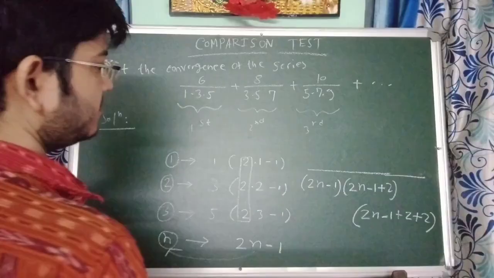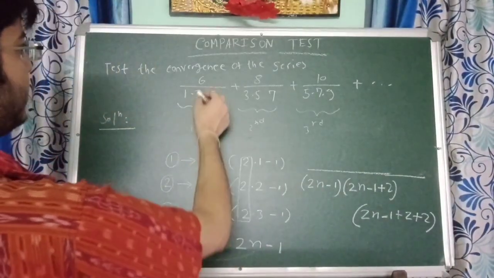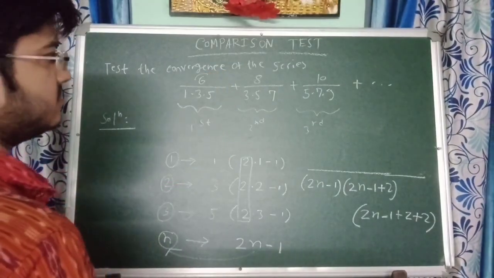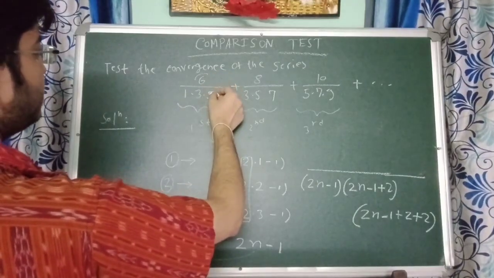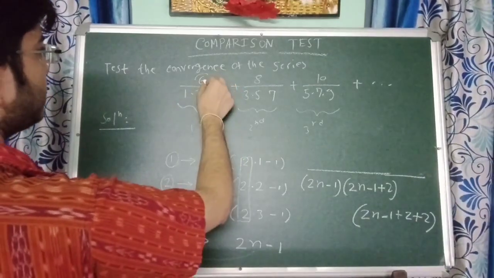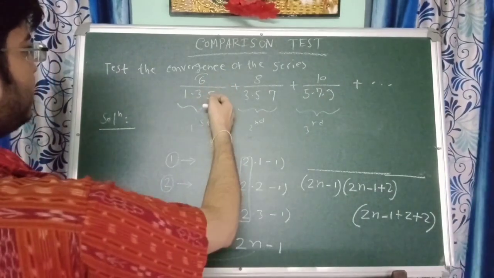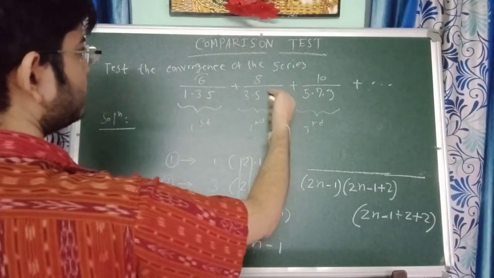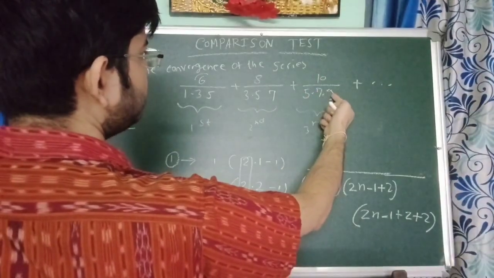This is the nth term in the denominator part, and the numerator part is very simple. Here 6 we write 5 plus 1, the last number in the denominator part plus 1, and 8 is 7 plus 1, 10 is 9 plus 1.